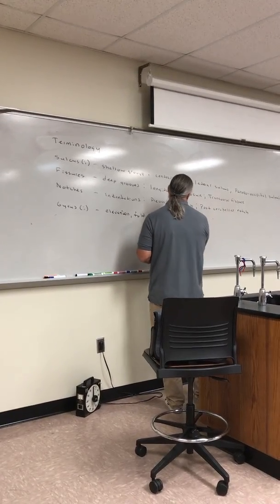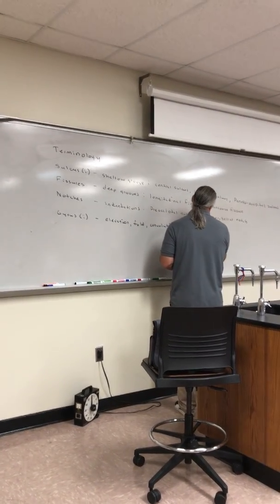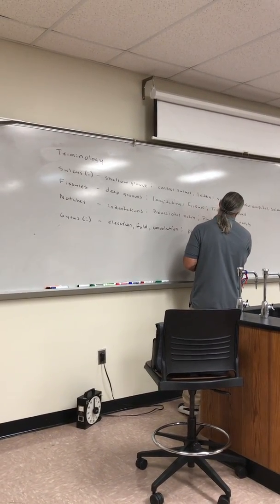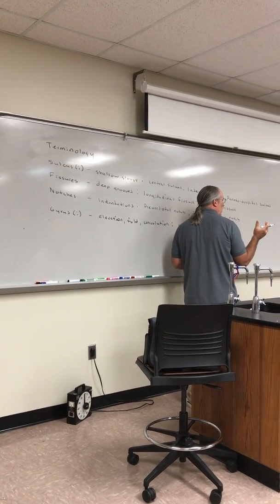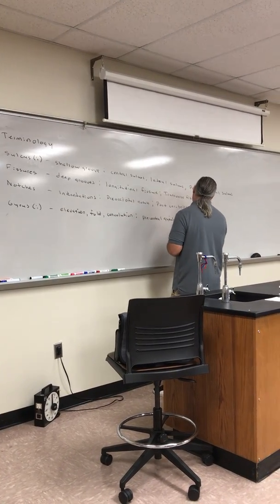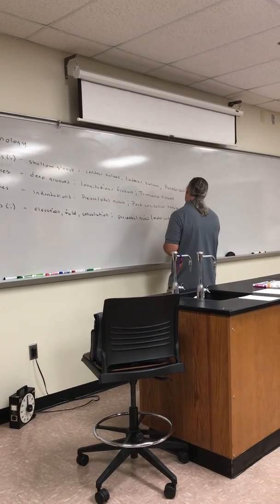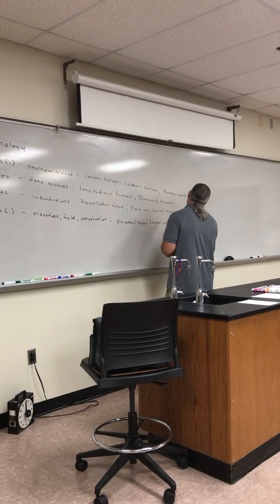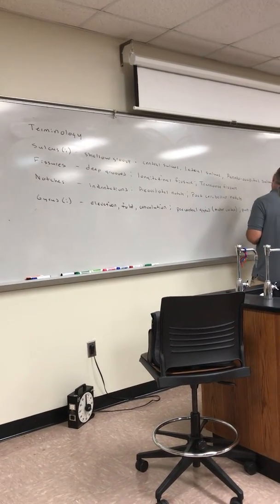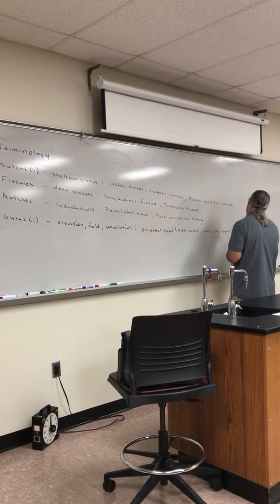We have the precentral gyrus. The precentral gyrus is called your motor cortex, because this is where you have the origin of all the motor signals that go to your muscles. Then we have the postcentral gyrus, which is called the somatosensory cortex.